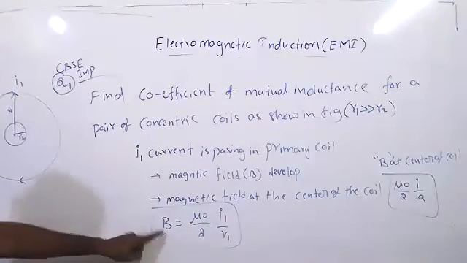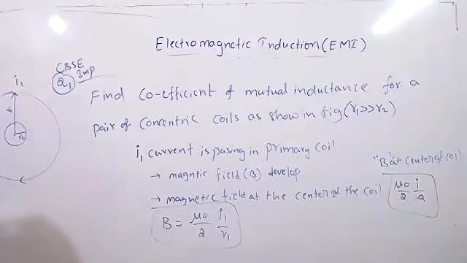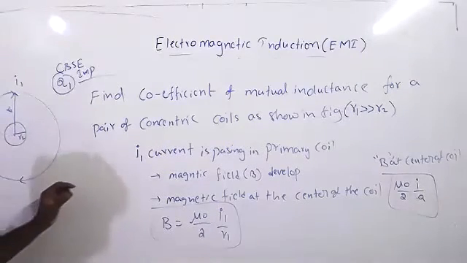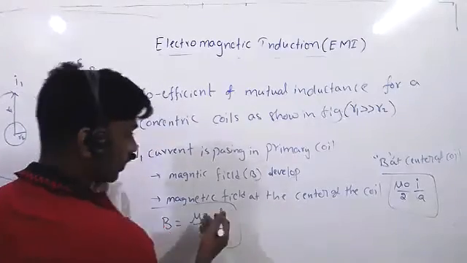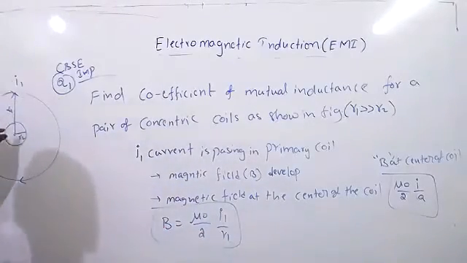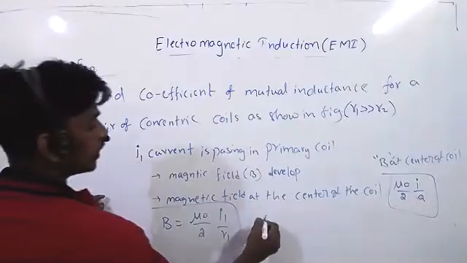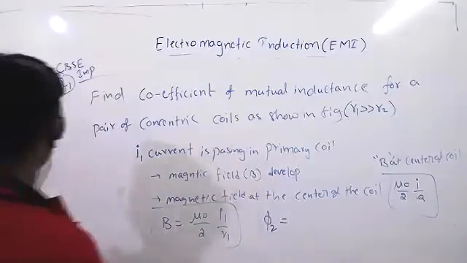This is the magnetic field passing through the center of the coil. So how much flux is passing through it? Whatever the flux, that flux is passing through this coil, right? Now how much flux is passing through the second coil?